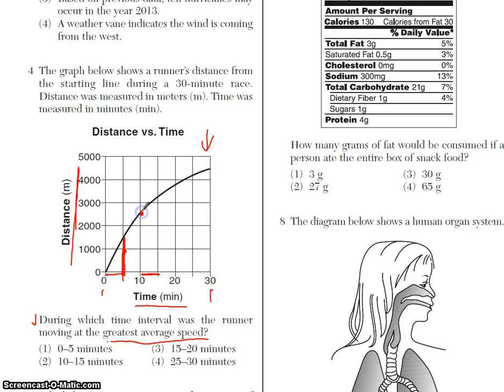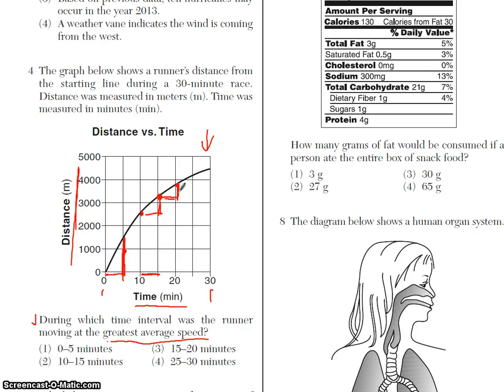He was here at 10 minutes, and then he was here at 15. So he traveled that distance, and we're looking at this vertical line right here. And then 15 to 20. Here's 15 again, and then here's 20. So if we make the lines here, he only traveled that far.